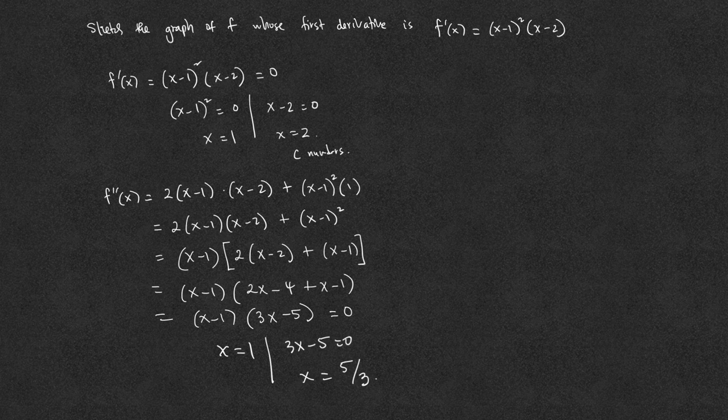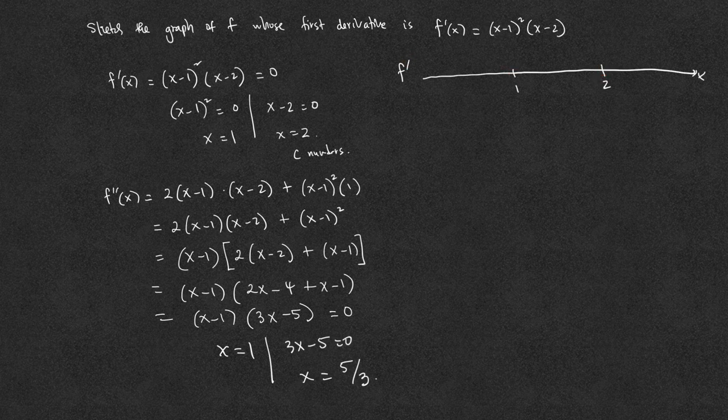We then construct the sign chart for f prime using the critical numbers as cut points. They are 1 and 2. When x equals 1, f prime is 0, and when x equals 2, f prime is 0. These are the only two zeros for f prime.